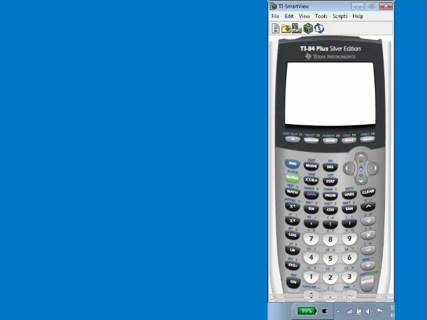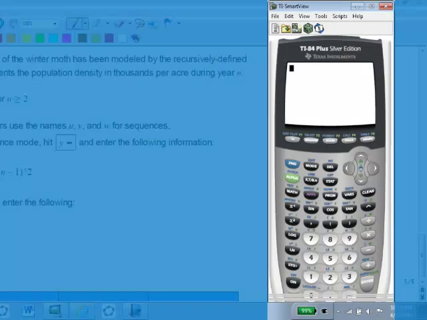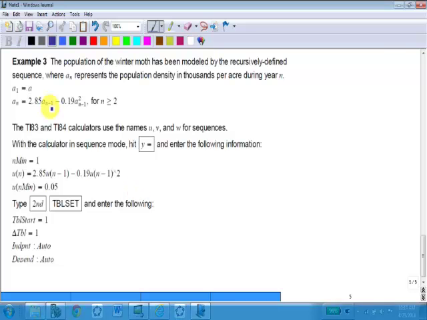Now, to determine how many moths we're expecting there to be in a given year, it would make sense to look at the previous year. Let's say there were A sub n minus 1 thousand moths per acre the previous year.